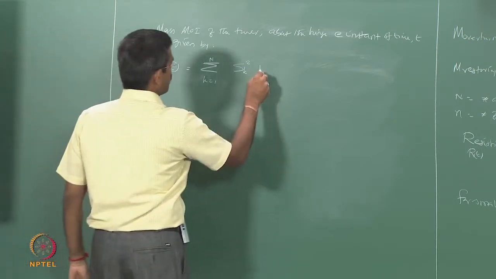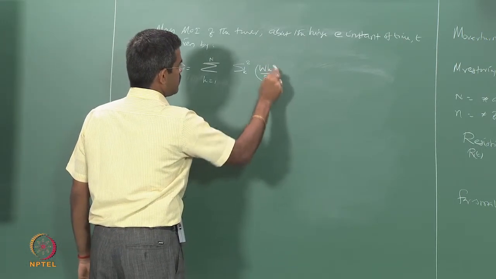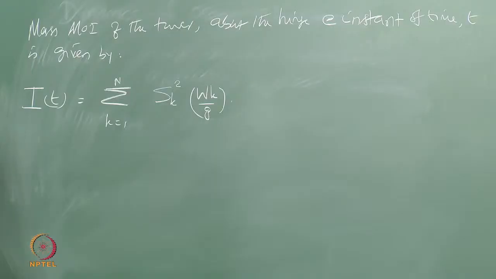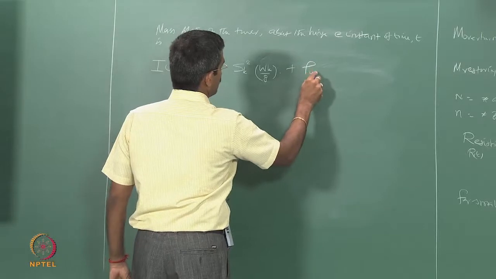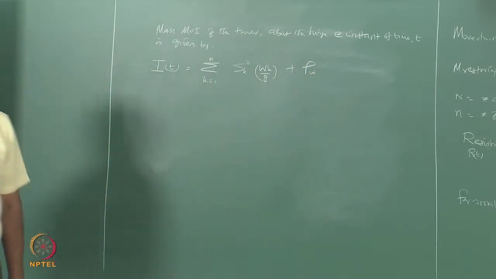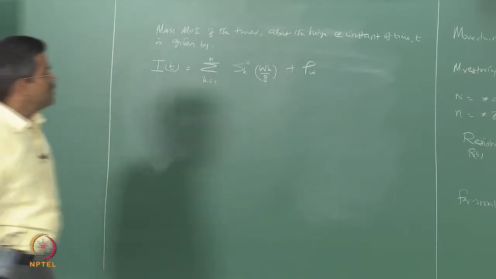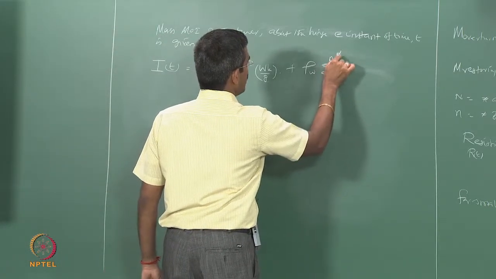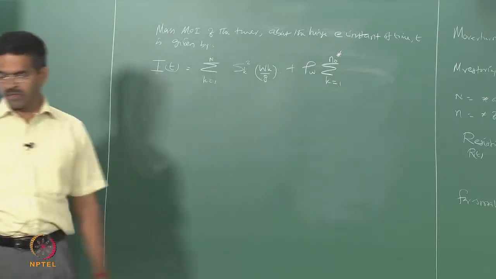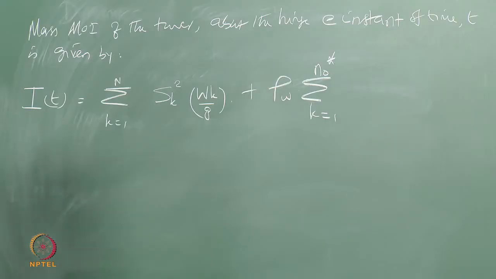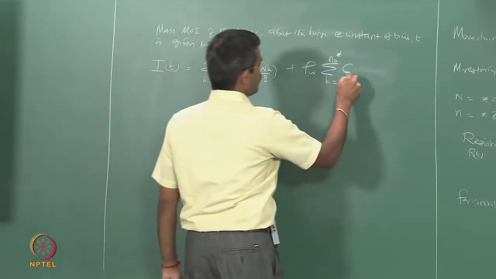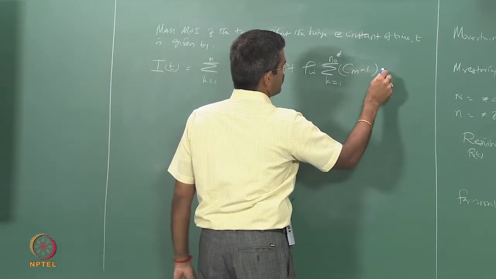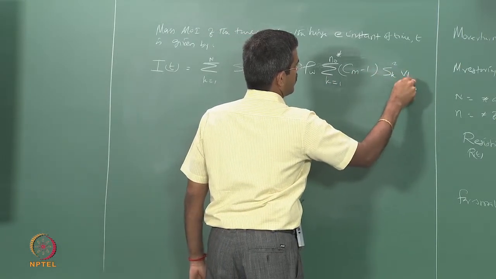Of course, I am looking for mass, therefore, Wk by g plus rho W, that is density of sea water, summation of k equals 1 to n star, n 0 star, I will explain what it is, Cm minus 1 of Sk square of Vk.